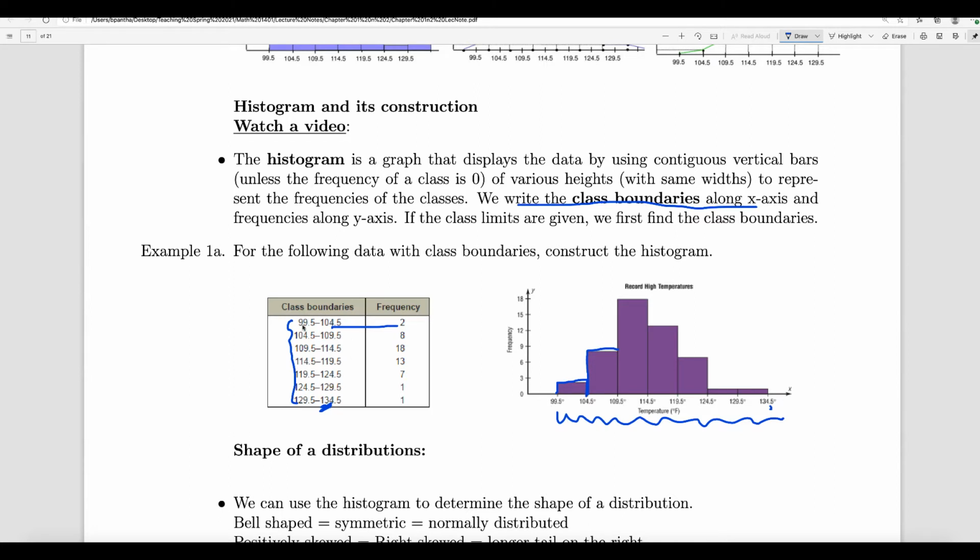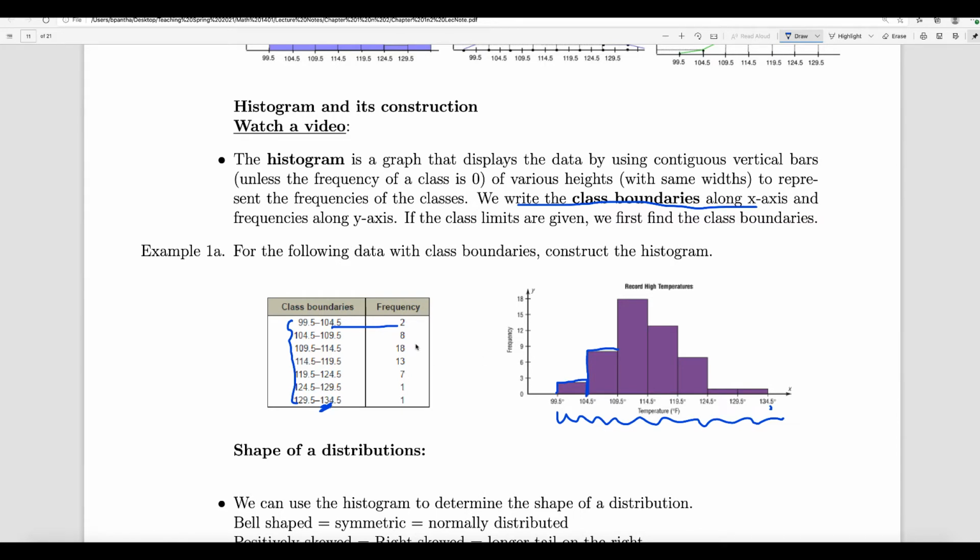For example, don't write 99.5 through 104.5 and then again 104.5 to 109.5. Don't repeat the number. You just write 99.5, 104.5, 109.5 once, and so on, and write the upper boundary of the last class, and then draw rectangles of the heights given here.